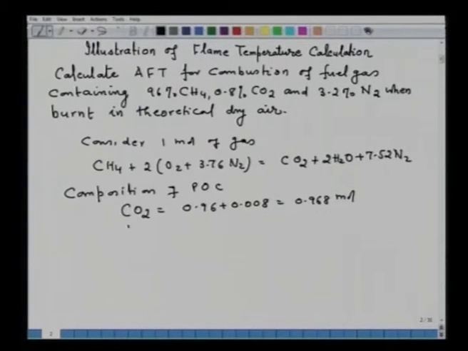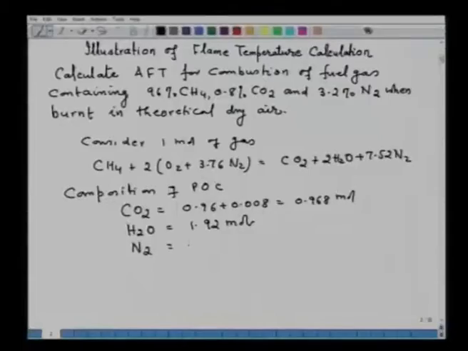Then H2O 1.92 moles, and nitrogen. Also don't forget to add the nitrogen which is present in the fuel. So this becomes 0.032 plus 7.22, and that is equal to 7.25 moles.